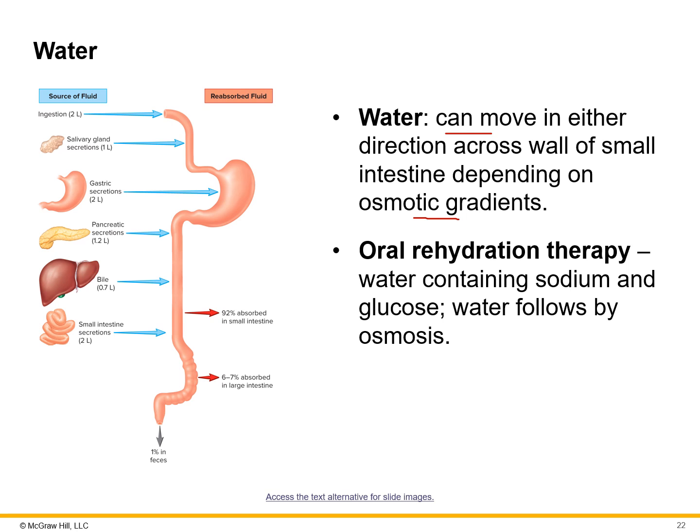If there's a lot in the digestive system, it comes out of the cells. So it goes with that concentration gradient of where there's more solute. There's also oral rehydration therapy, where water contains sodium and glucose, and so water again flows there by osmosis, allowing it to be regulated.